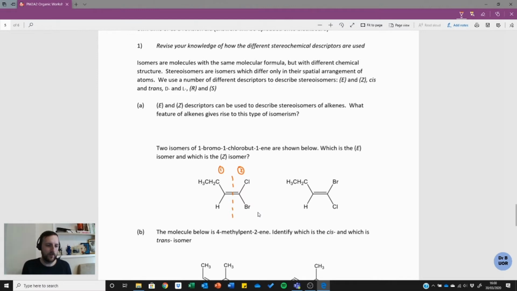So this functional group with these two functional groups individually. If you're denoting priority, higher priority is the atom with the highest atomic number.